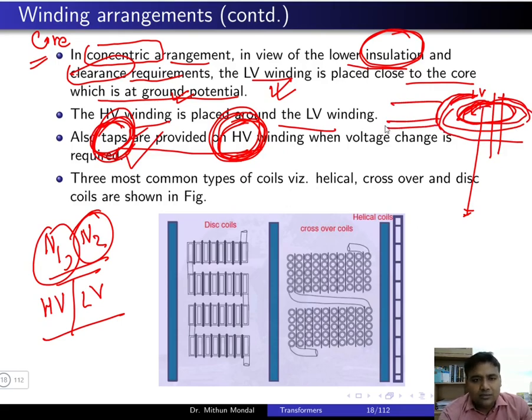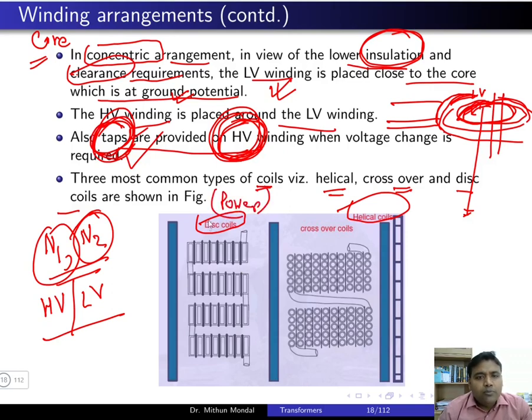The most common types of coils used are helical coil, crossover coil and disc coils, shown in the figure. Here you can see the disc coils and helical coil. Generally for a power transformer, which is a very big transformer, we prefer disc type coils.